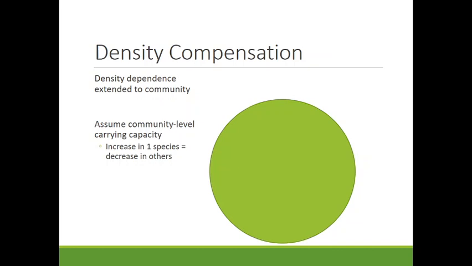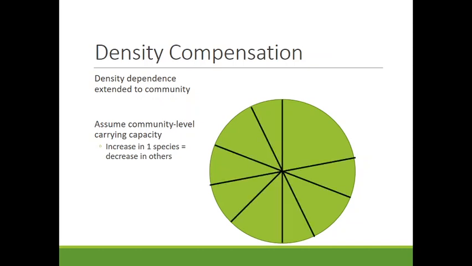The way we can think of that is a piece of pie that isn't necessarily divided up equally. This is the resources, or just the amount of biomass, let's say, that go into all of the species in the community. And this would be the most abundant member of the community. This one, but then you have some species with smaller pieces of the pie.